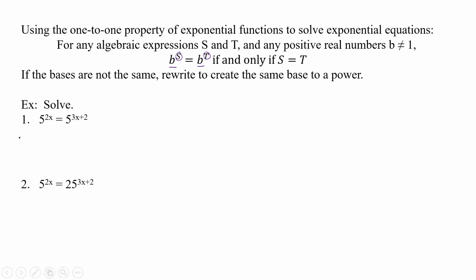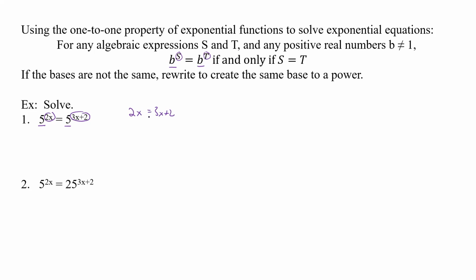So if we look here at the first one, 5 to the 2x equals 5 to the 3x plus 2. Well, our bases are the same. We have 5 and 5. So what we can do is just say 2x is equal to 3x plus 2. And again, that's because s should equal t if they have the same base.